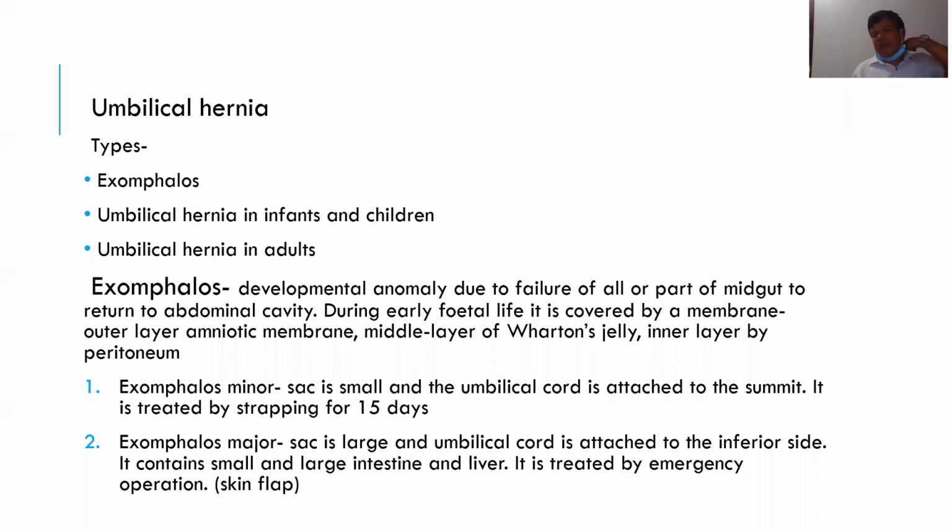Whenever there is any defect, a type of hernia may occur, through which abdominal contents will protrude. Among that, one is exomphalos minor, the other is exomphalos major. Both of these are usually found at the time of birth.